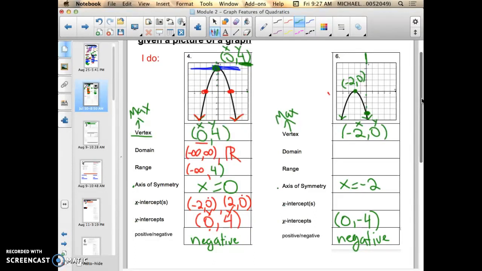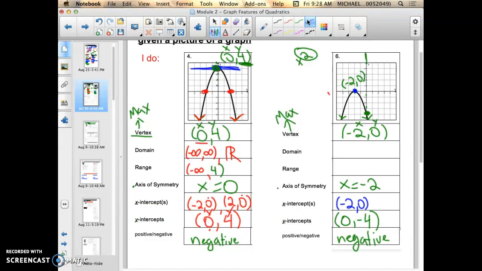Now if you notice, the x-intercept, again, this is a quadratic function, meaning that it's something x squared, meaning that it has 2 solutions. If you notice, it only hits in one point on the x-axis. And in this case, the x-intercept is also the vertex, negative 2, 0.